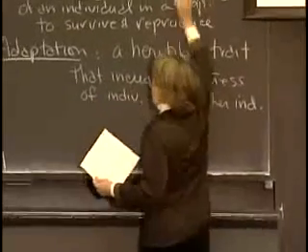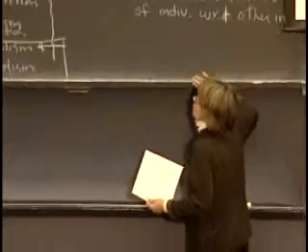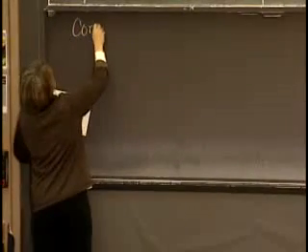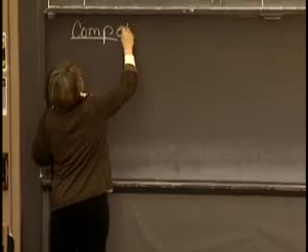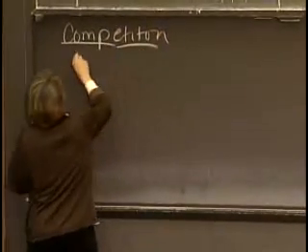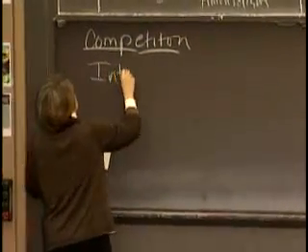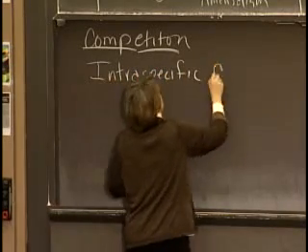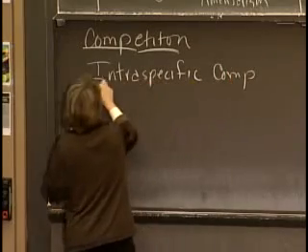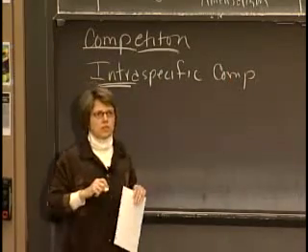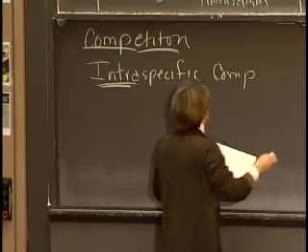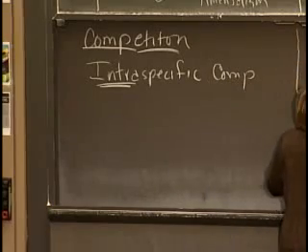and just to remind you, competition comes in two forms. There is intraspecific competition, which means within a species, okay? And that's not what we're going to be talking about today, but we've already talked about this without explicitly saying so.